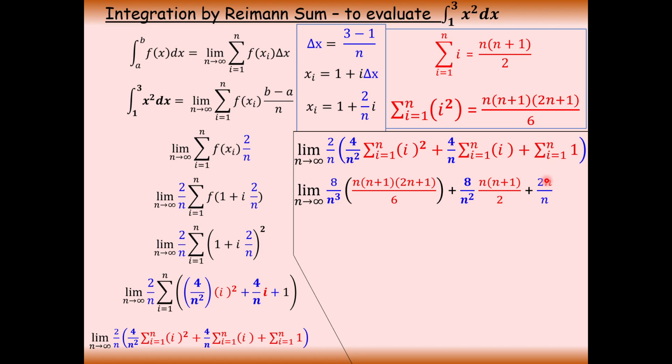What you notice is that this n and n on the last term cancel away. The 8 divides by 2 and leaves us a 4. In the limit, n squared on the top here cancels away with the n squared in the denominator.